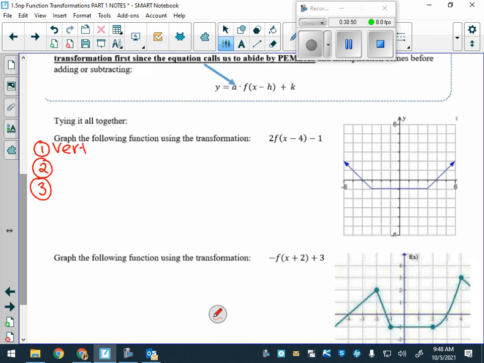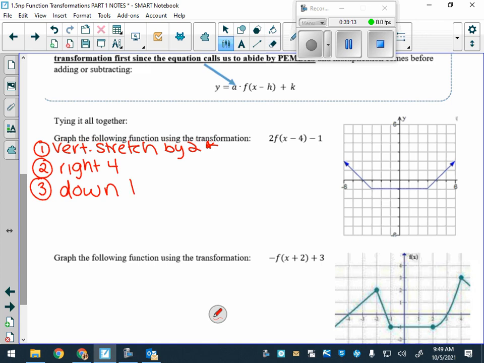And this is the first thing you have to do. Vertical stretch by 2. Then what happens? Yes, Josh. Good. Right 4. Then what? Yeah. Then down 1.